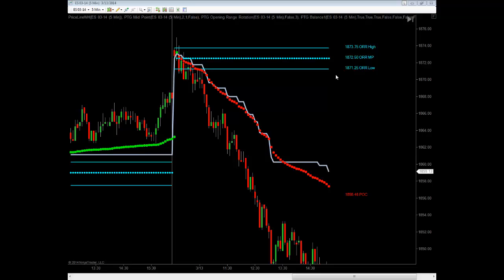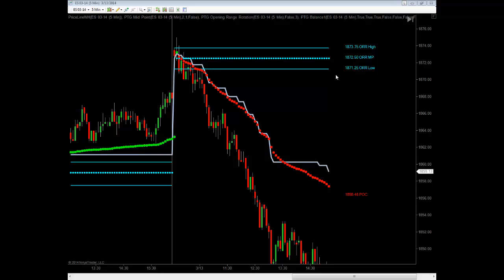Now the midpoint becomes a key marker for us, and it's simply a representation of the sentiment on the opening rotation. Now the key to that is, once that's established, does price stay above it, or does price trade below it?